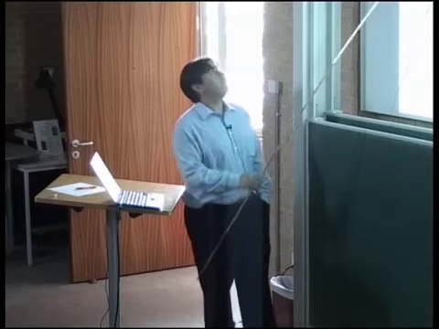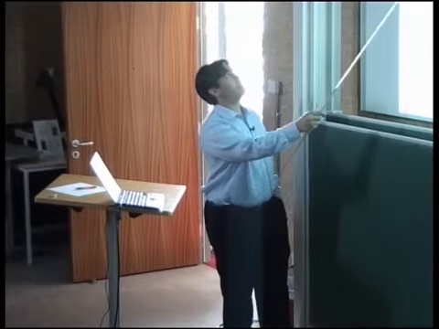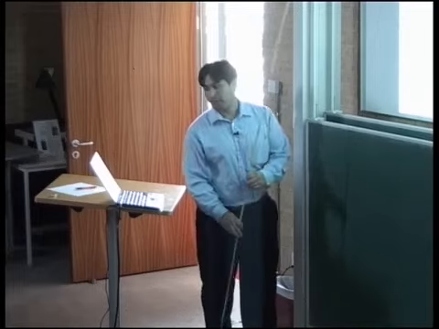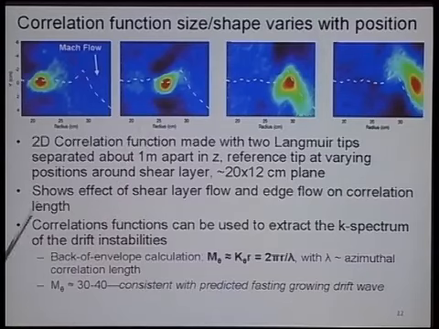Now, these correlation functions are made using two Langmuir probes separated about 1 meter apart or more axially in the plasma, and consists of one reference tip that's basically in one spot, and another Langmuir probe that's swept in an area about 20 by 12 centimeter plane, and as you can see, that plane sits about surrounding the cathode edge where the peak flow is. So we can kind of look before and after the shear flow layer.